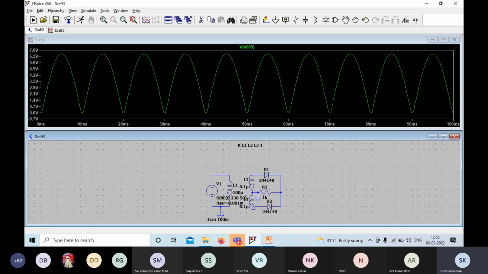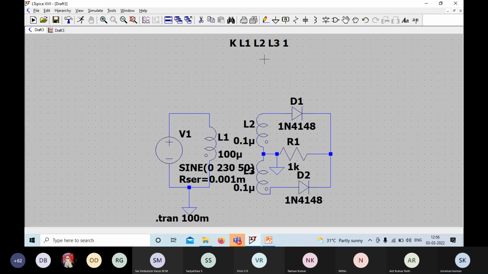So if you connect the capacitance across this, I'll take a capacitor. Control R. Okay.